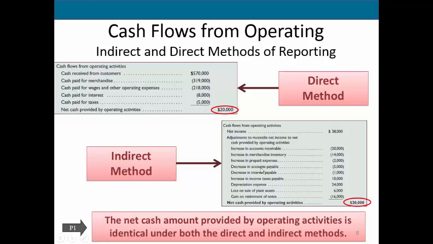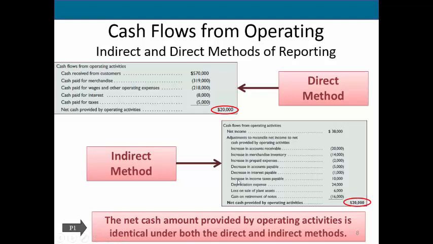So if something on the other side of the equation decreases, to make sure that our equation always holds true, that would mean that something on the asset side would also have to decrease. So in this case, a decrease in accounts payable is going to be a decrease on the statement of cash flows. So again, you're making sure that you're always balancing.